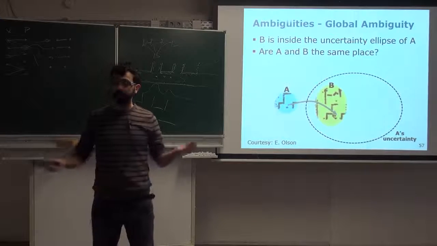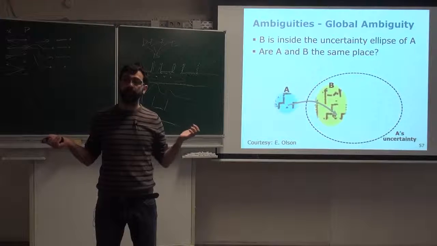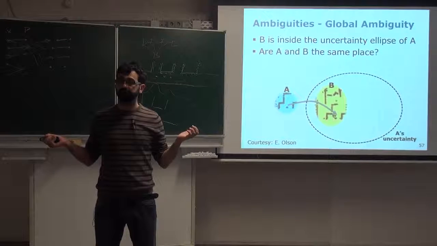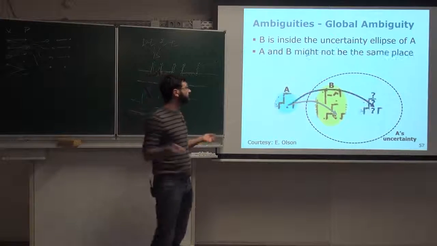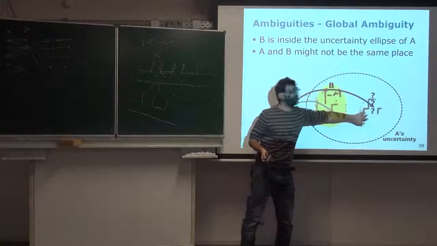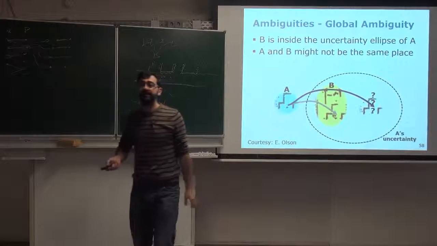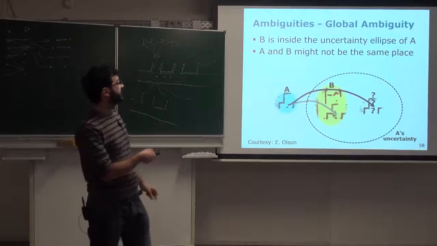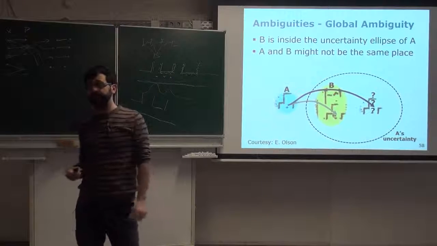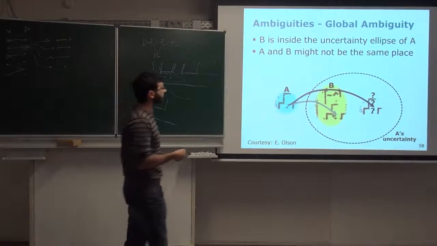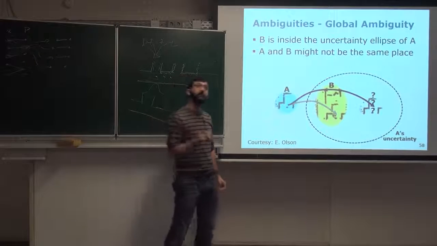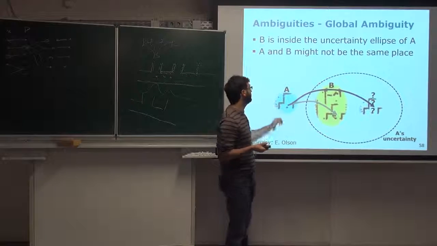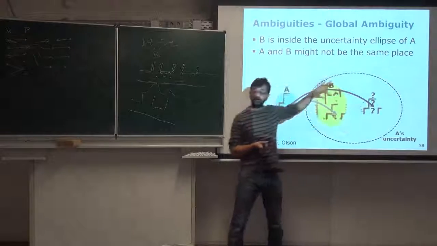Okay, do you agree? How many of you agree on that? Yeah. But what if there is exactly the same copy of A inside there? The thing here is that this might not be the same place, and the reason is that I have a lot of uncertainty in A, and I'm just looking at B. So I know, with high probability, that A is somewhere inside here.